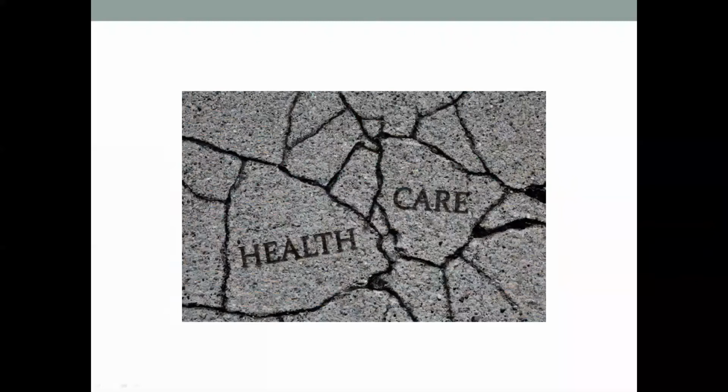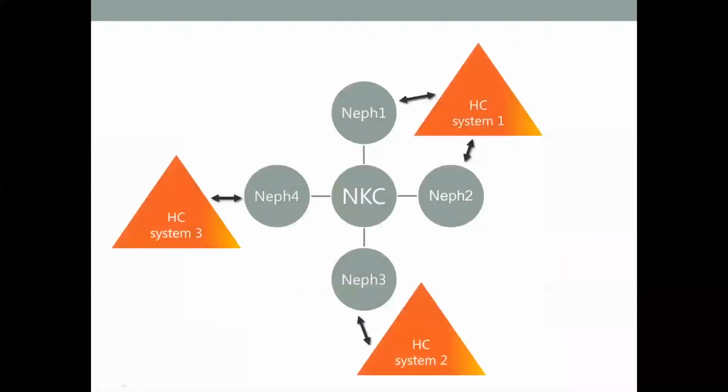And like many of you, we deal with a fragmented healthcare system where patients are coming from multiple healthcare systems, from multiple nephrology physician groups that are affiliated with some but not all healthcare systems, where patients are accessing their subspecialists and primary care from different healthcare systems than their primary nephrologist.